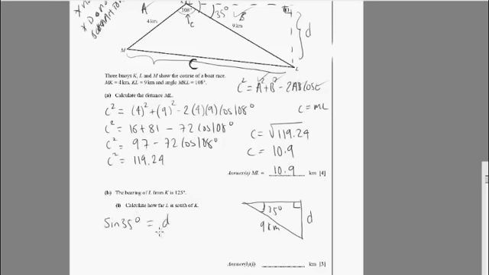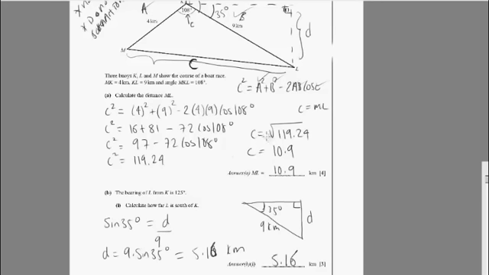So opposite over hypotenuse. Therefore D is equal to 5.16 kilometers, or 5.16. I don't know why I put 3 there.